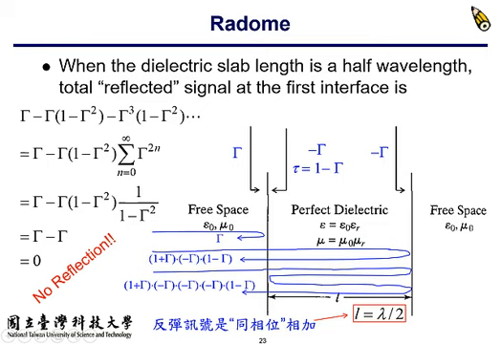This is the reflection coefficient at the second interface, and 1 minus gamma is the transmission coefficient at the next interface. So everything that happens at an interface can be recorded in terms of transmission coefficient and reflection coefficient. So you can continue for the third term, fourth term, fifth term, and so on and so forth.